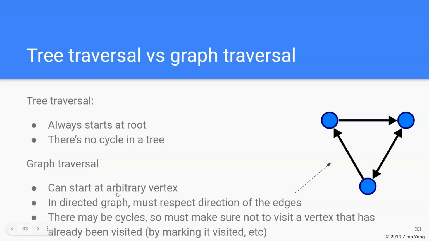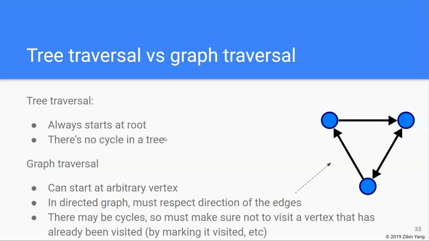So a graph traversal can start at any vertex. Secondly, in a tree, we usually go from a parent to a child. Now, in graph traversal, while we can go from node 1 to node 2, it's also possible to go from node 2 to node 1, right? So we have to remember to follow the direction of the edges.